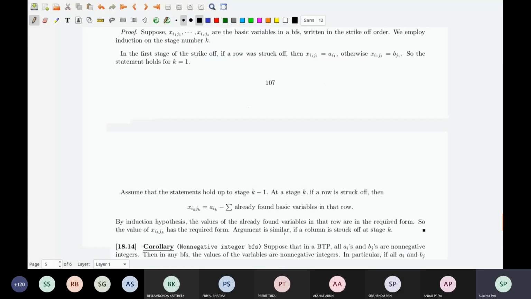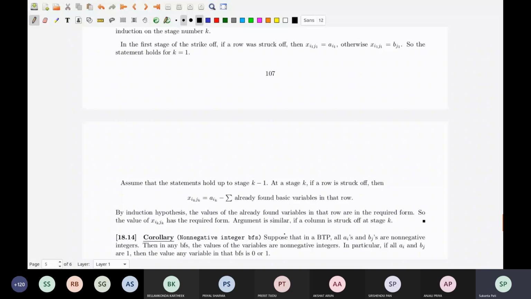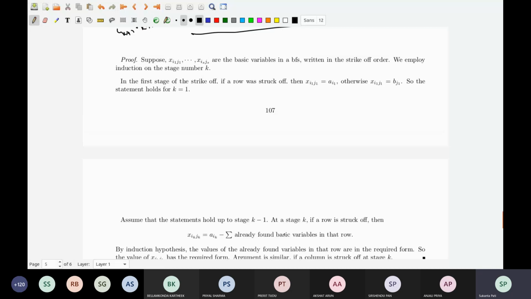Why is this one important? This one is a little bit more important actually because of its utility. What it says: suppose you have been given that the ai's, a1, a2, ..., am, and b1, b2, ..., bn, are all integers.